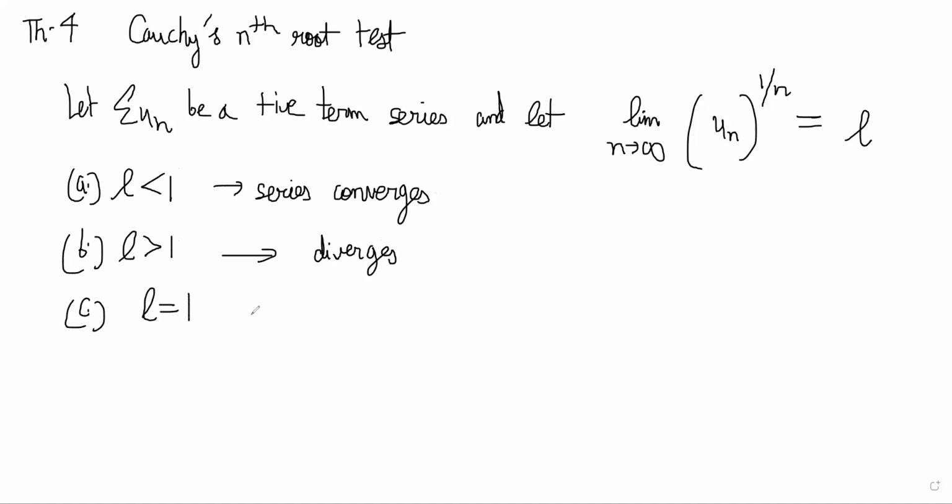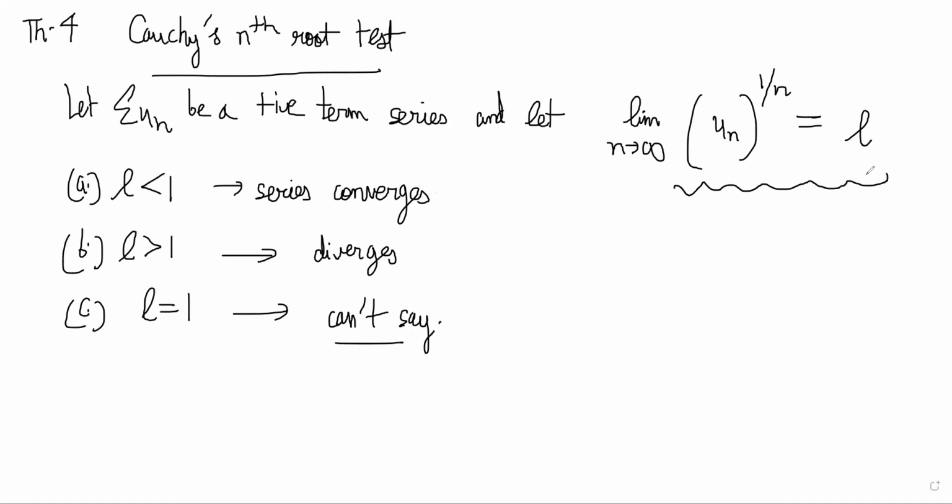L equal to 1, can't say anything, just like D'Alembert's ratio test. So take the nth term, take power 1 by n, and see the limit as n tends to infinity. If you have a limit L greater than or less than 1, then you can say something about it.